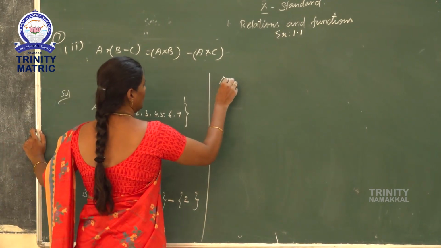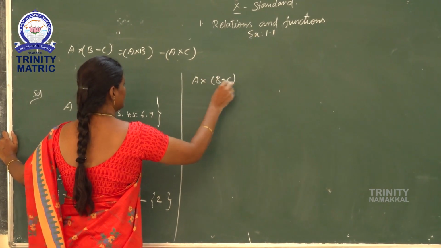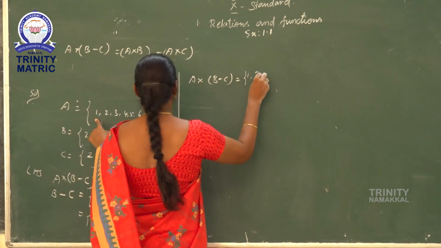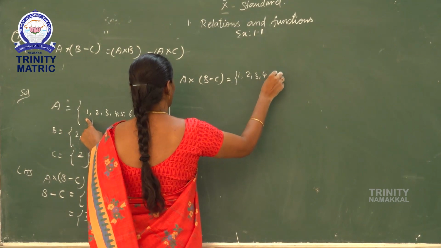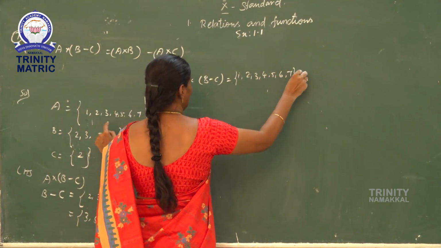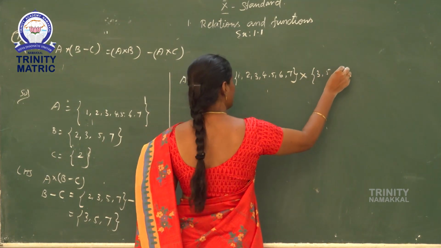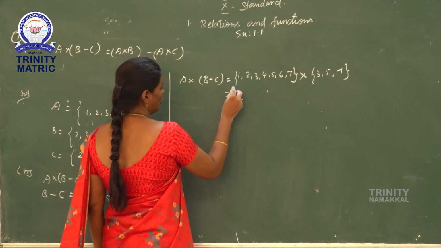Now A cross B difference C is equal to, what is the set? A is 1, 2, 3, 4, 5, 6, 7, cross B difference C, which is 3, 5, 7. Now we write in ordered pairs.